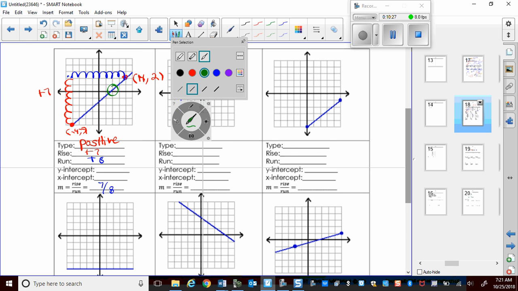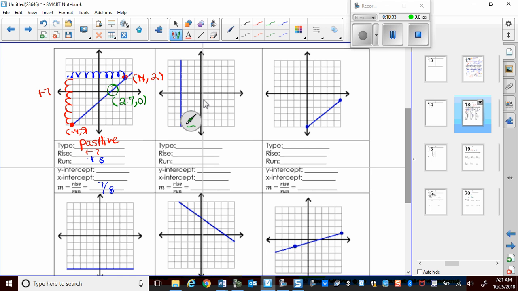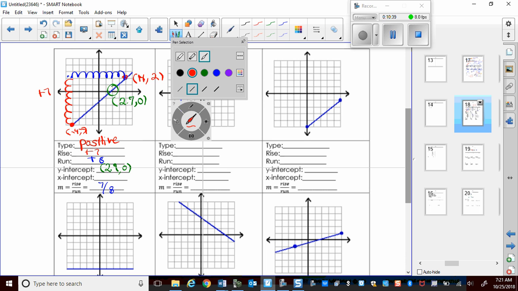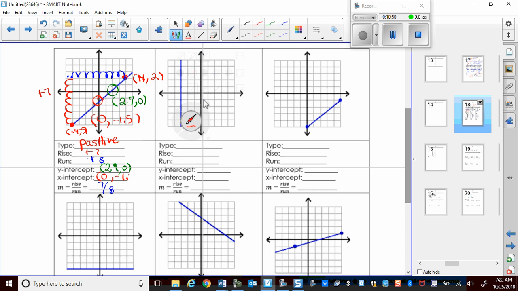If I estimate, it's 2.7 comma 0. The y-intercept is where it crosses the y-axis, and it looks like I'm at 0 comma negative 1.5.